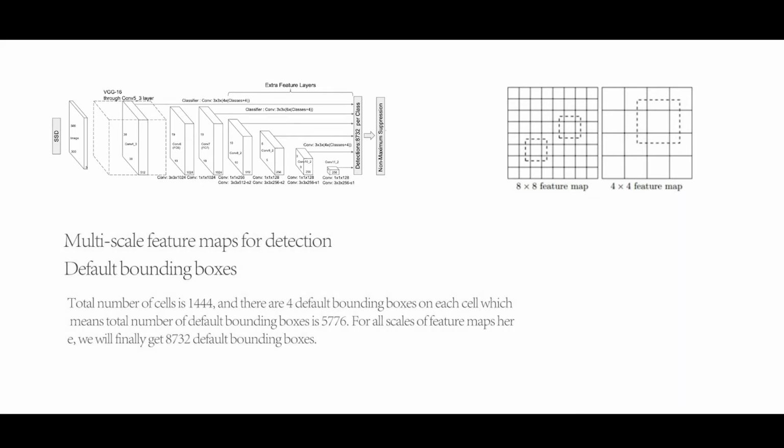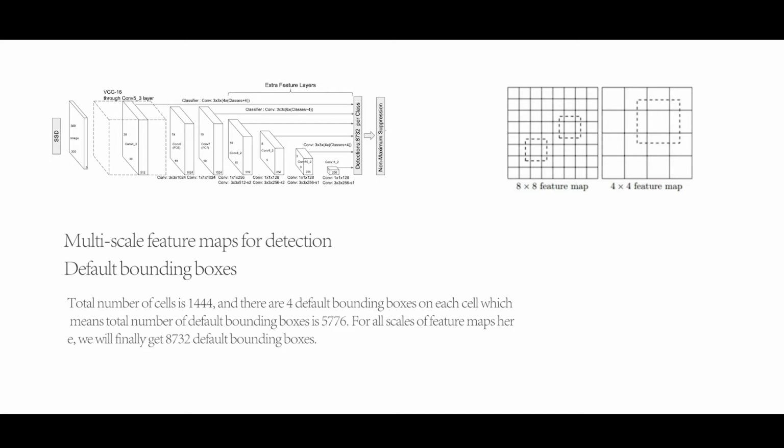It means that there are a series of boxes of fixed size on each cell of each scale of the feature map. Let us take the first feature map with size 38 by 38 as an example. The total number of cells is 1444, and there are 4 default bounding boxes on each cell, which means the total number of default bounding boxes is 5776.